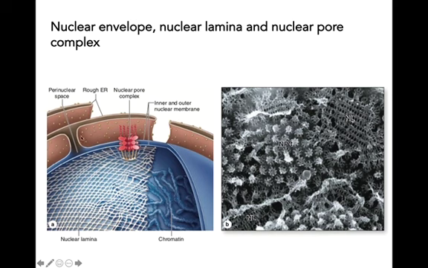Remember, the outer membrane is closely associated with your rough endoplasmic reticulum, while your inner membrane is closely associated with the nuclear lamina composed of proteins termed lamins. And this is the nuclear pore complex, and the major proteins composing it are your nucleoporins. And then enclosed within are your chromatin and the nucleoplasm which holds them together.